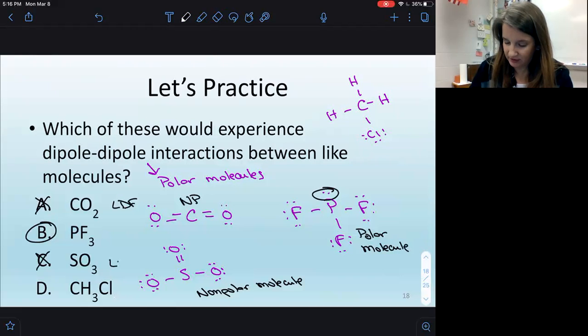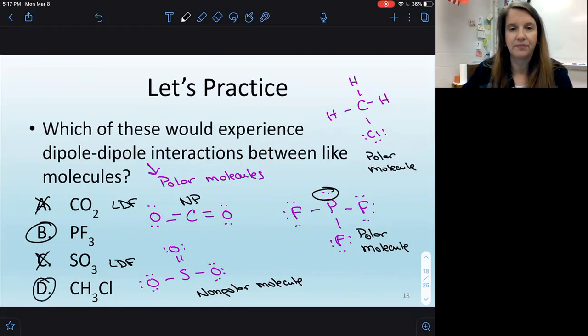That would be your LDFs, not dipole-dipole. And then let's take a look up here at the CH3Cl. When we look up there, we've got no lone pairs, but there's different ends. So because there's different ends, that would be a polar molecule. And because it's polar, you would expect to see dipole-dipole interactions, okay?